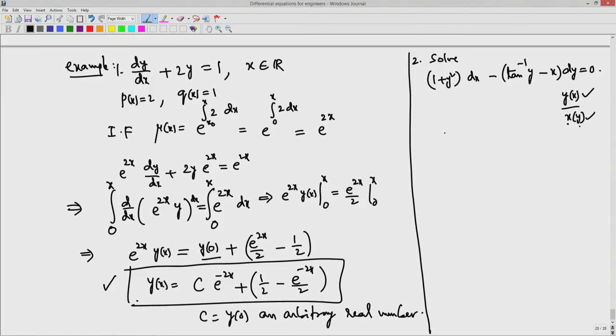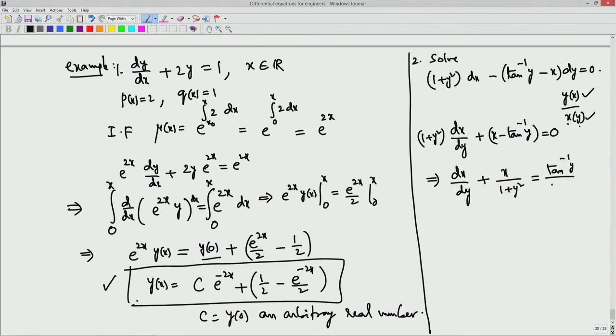So you can see that, you can write dx by dy (1 plus y square) plus x minus tan inverse y equal to 0. So this becomes dx by dy plus x by (1 plus y square) equal to tan inverse y by (1 plus y square).